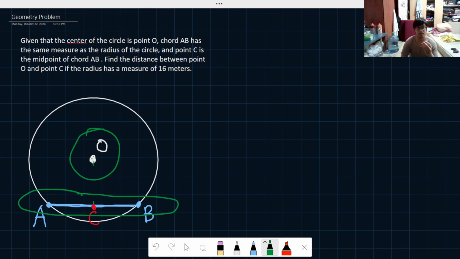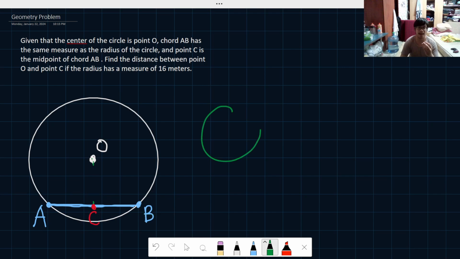When we say chord, basically it's a line that shows the distance between two endpoints in a circle, but it doesn't pass through the center, right? So just like this, for example, if I have this circle and this is the center, and I draw a chord like this, from here going here, this is still considered a chord.